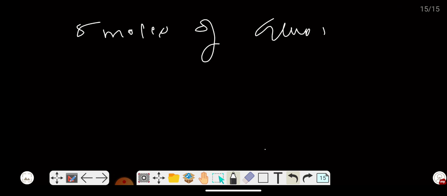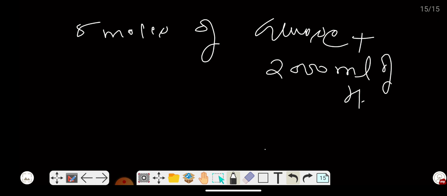Now, how this can be calculated, let us discuss. Suppose 5 moles of glucose is mixed in 2000 ml of H2O. Now what will be the molarity?